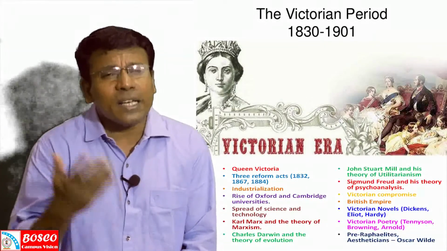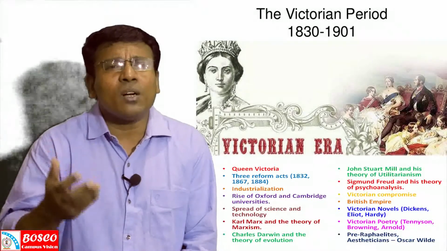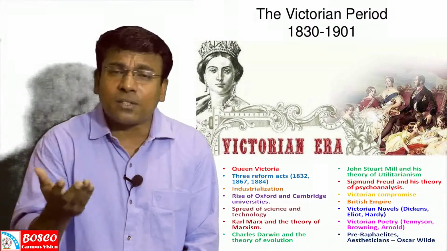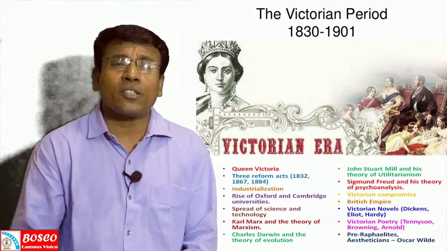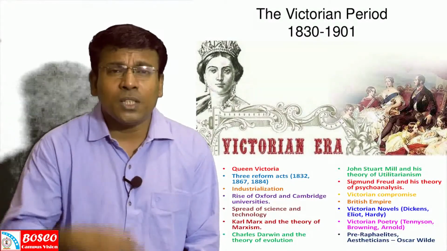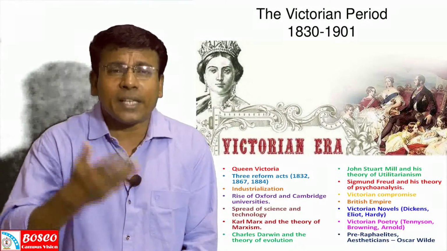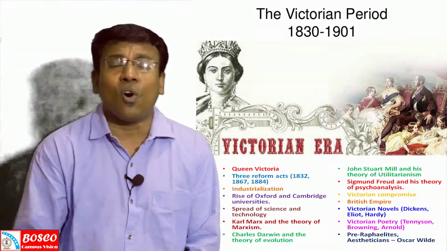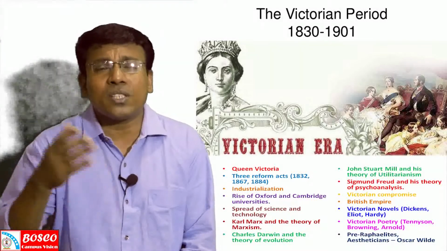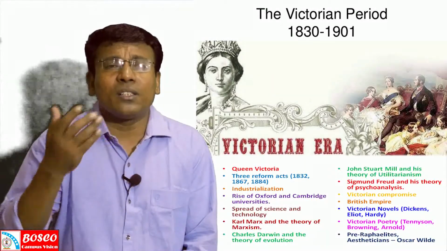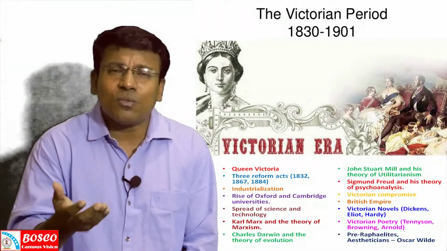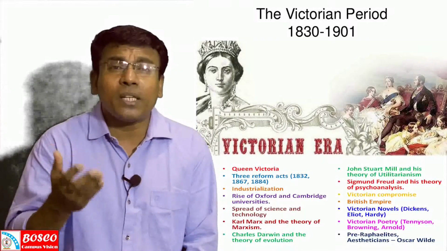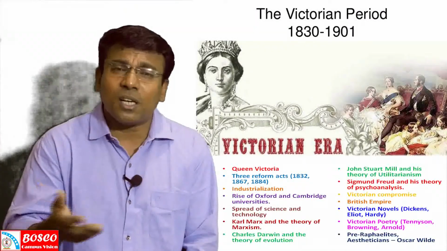In the second lecture, we talked about the three Reform Acts: the first Reform Act of 1832, and the subsequent second and third Reform Acts of 1867 and 1884. In that lecture we also discussed some of the different beneficial acts which were introduced by the British Parliament, the House of Commons.